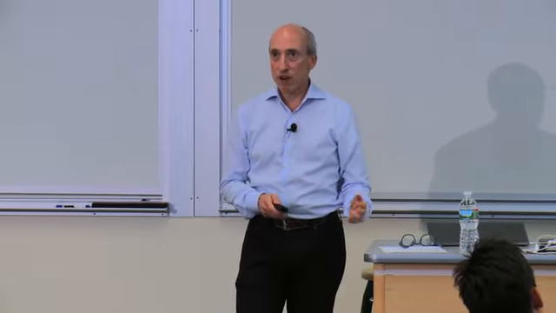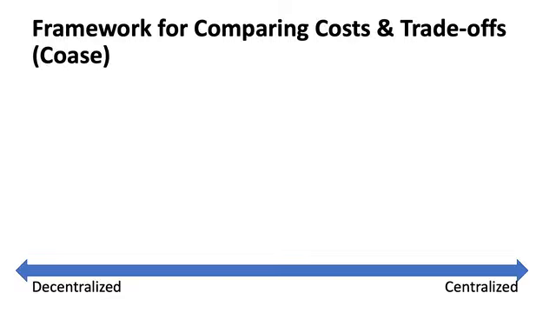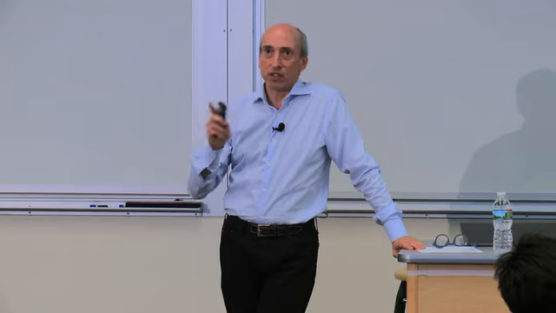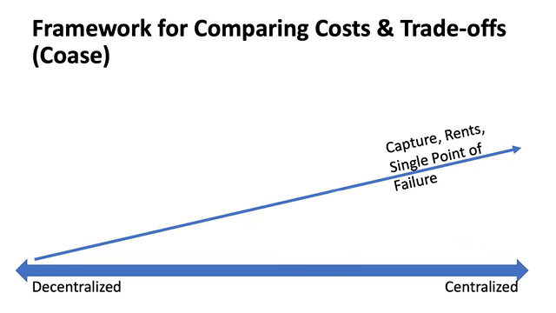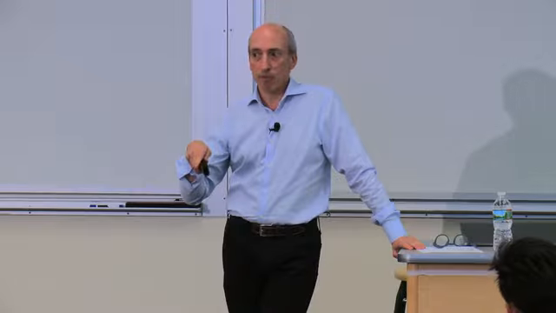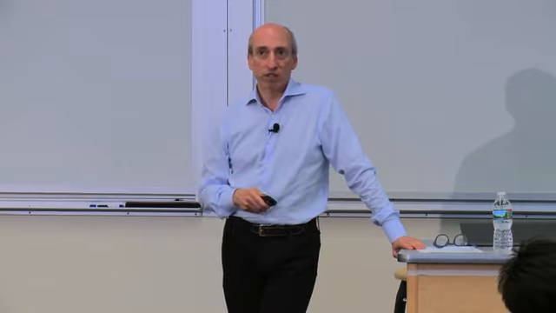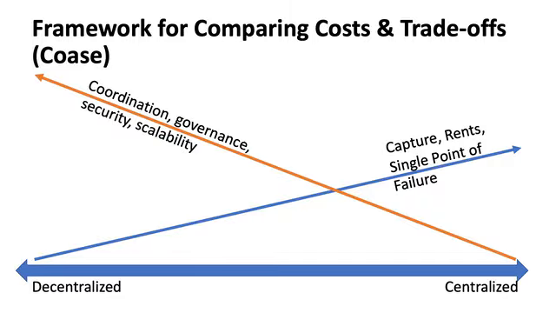So back to the trade-offs that we talked about already, the trade-offs of centralization and decentralization in Coase's work from the 1930s about the firm. This is the cost, remember. As we get centralized, there's more cost of economic rents, single points of failure, and capture. Some fragility, in a sense, in the system. But decentralization has its cost as well.